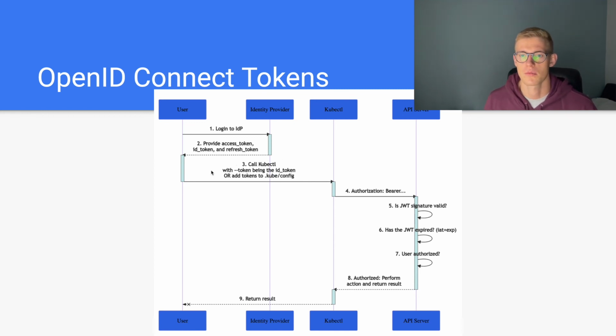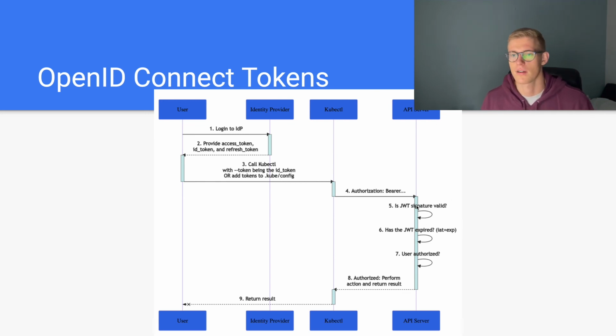So once we have our token, we call kubectl with --token, passing the ID token. Then kubectl sends a request with authorization bearer, again in the format that I mentioned for the bearer tokens, except this time we're just using our ID token.